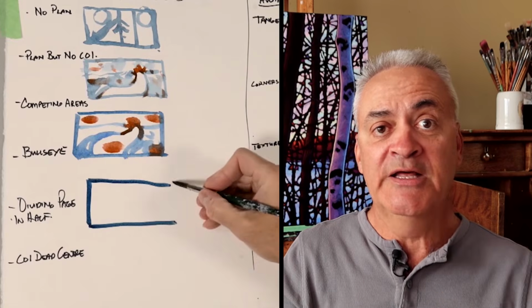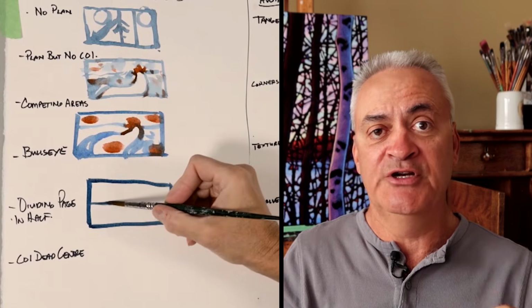Well, if you place your center of interest dead center, it's much more likely that that could occur. So you need to do some things to make sure that doesn't happen. One thing you really want to avoid in this case is having symmetrical sides and top and bottom, because that will create the bullseye.